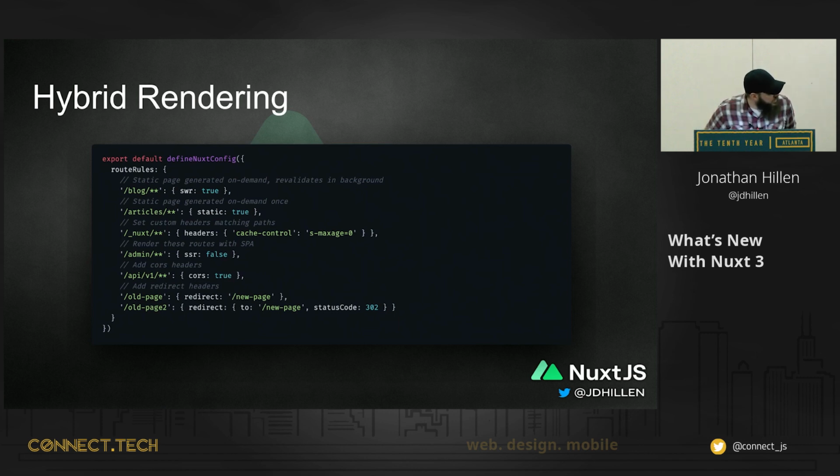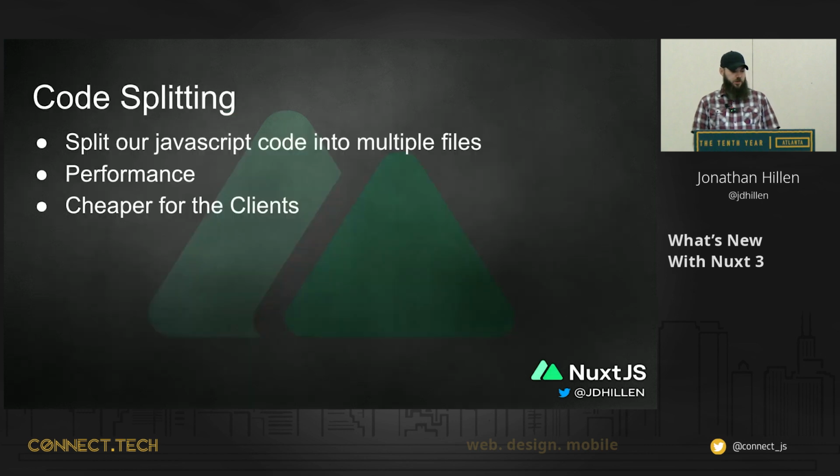So it's SWR equals true, so all of those would be dynamic. The articles would be static, and you can follow that down the line. You can choose between static, server-side generation, SPA, or universal, and you can just set everything to SSG if you want to. So that's one of the cool new features.